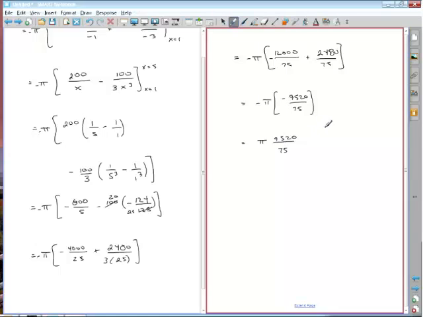It turns out there's a common denominator here. We can divide by 5. If we divide both the numerator and the denominator by 5, we get 1904 pi over 15, which is the correct answer.